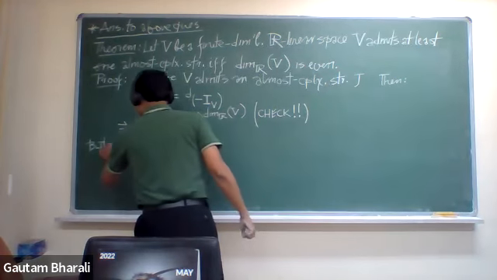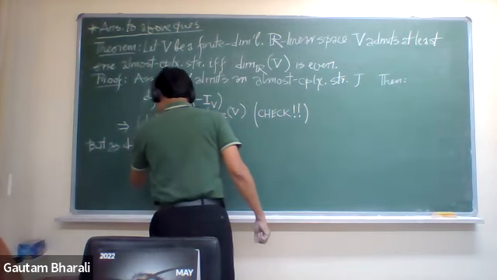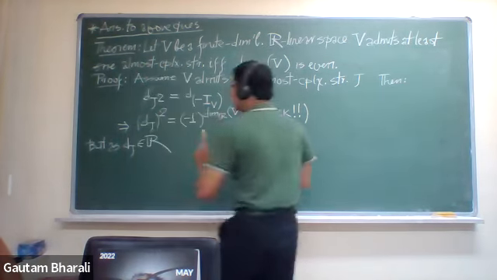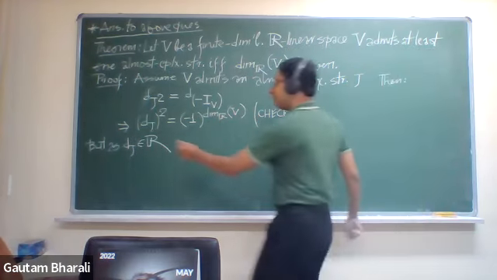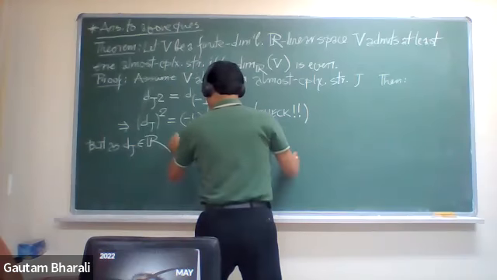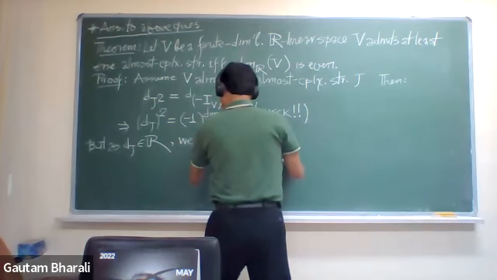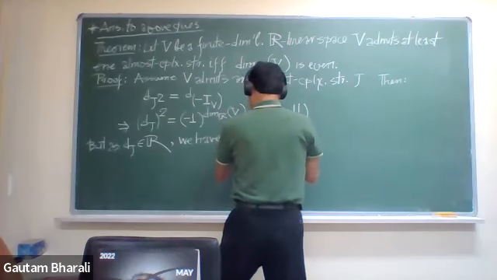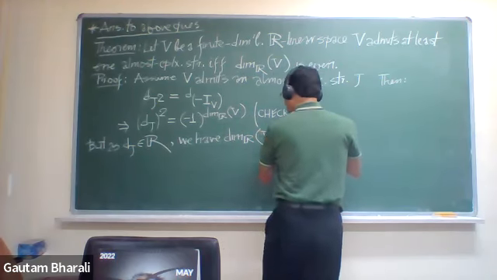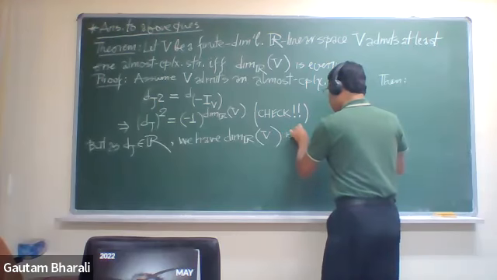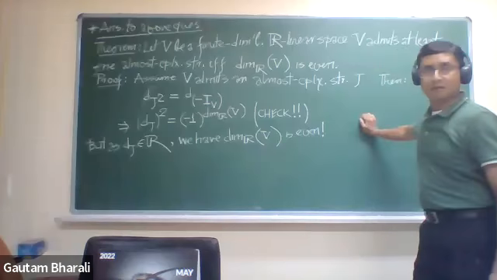But d sub j, remember, has to belong by definition to the field you have fixed, which is R in our case. But as d sub j belongs to R, it implies that the dimension of V is even. Right, so that is one direction.